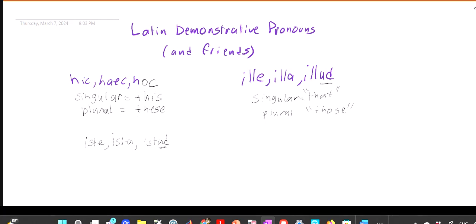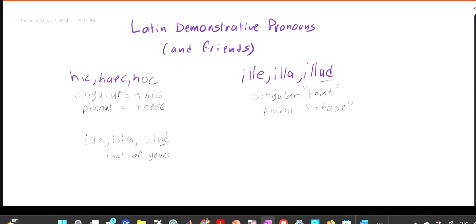And iste, ista, istud means that of yours. So you're talking to someone and you're saying, that book of yours, that dog of yours, that car of yours. I really like that car of yours. So that would be iste, ista, istud.